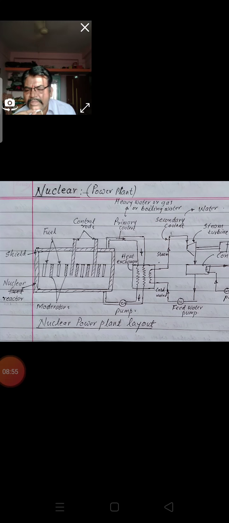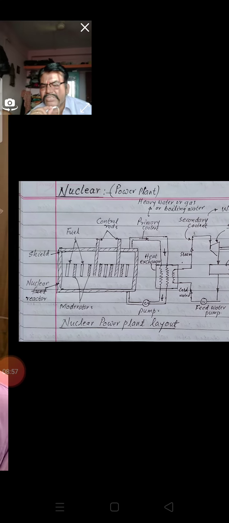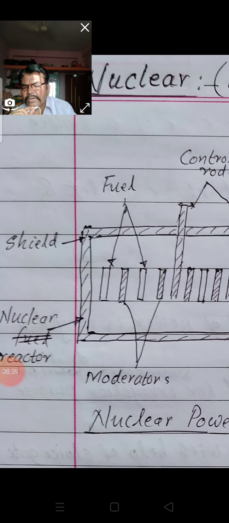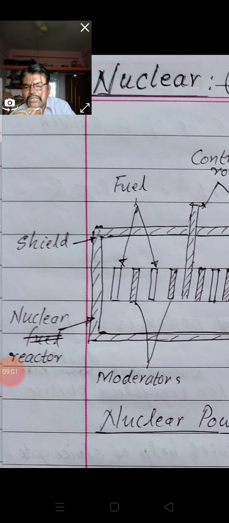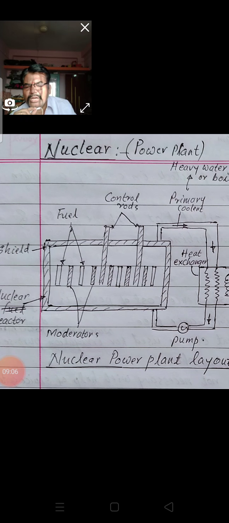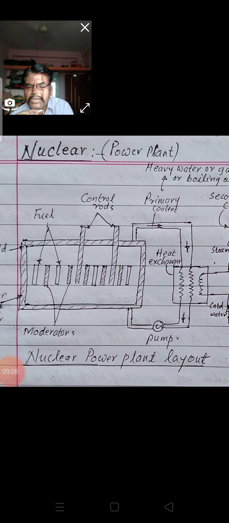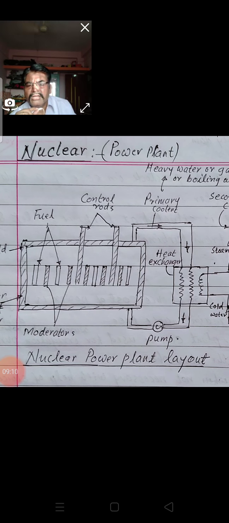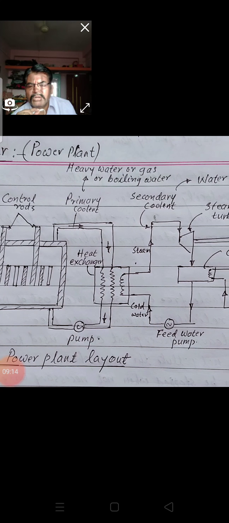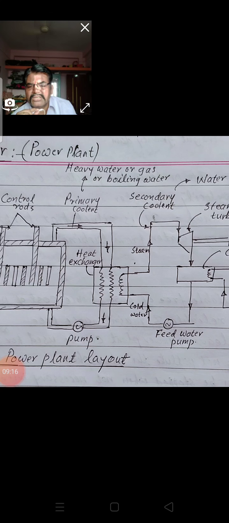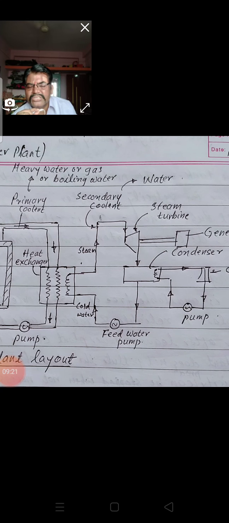The nuclear reactor consists of the shield, the moderator, and the control rods, connected with the help of the primary coolant, which is connected to the secondary coolant with the help of the heat exchanger.